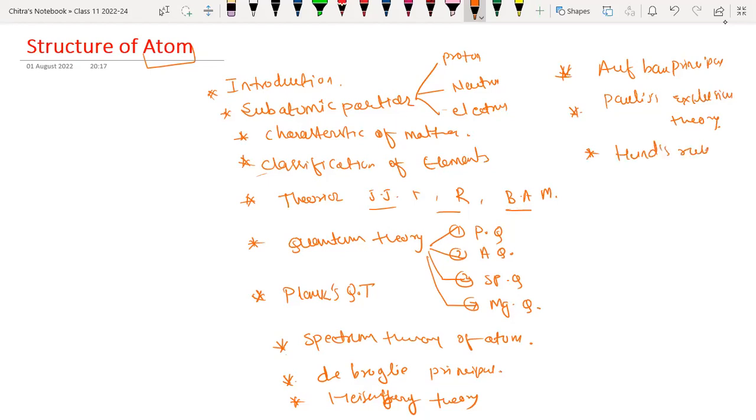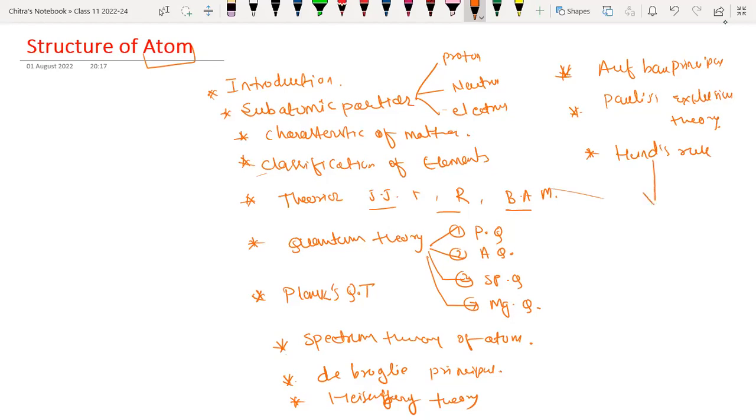On these three, we are going to discuss the electronic configuration that we already did, but I will explain one more time, because whenever we write the electronic configuration, we have to follow the Aufbau principle, Pauli's exclusion principle, and Hund's rule.